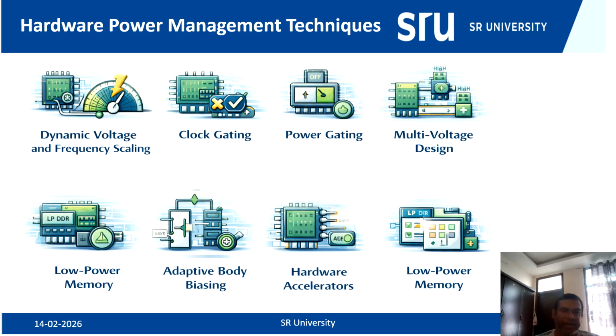Since the dynamic power is proportional to the square of the voltage, as I already mentioned in the previous slide, dynamic power is equal to C into VDD squared into frequency. Even a small reduction in voltage can lead to significant power savings. Why? Because of VDD squared. If the power supply voltage is 5 volts, squared means 25.